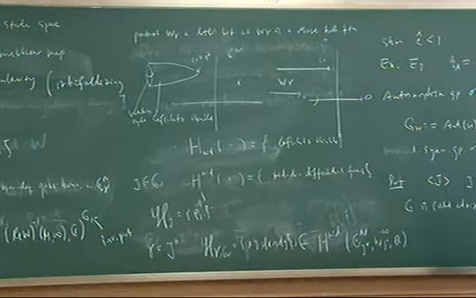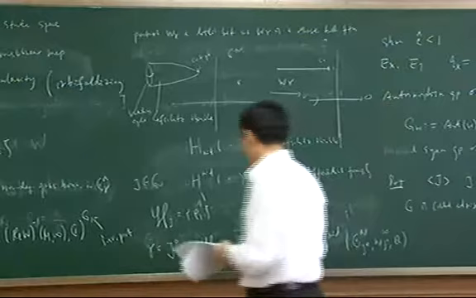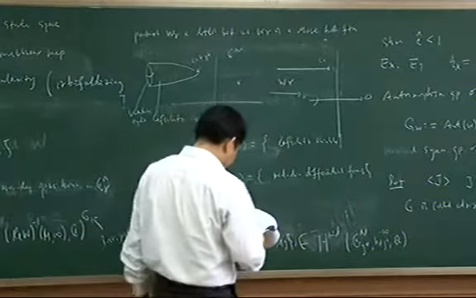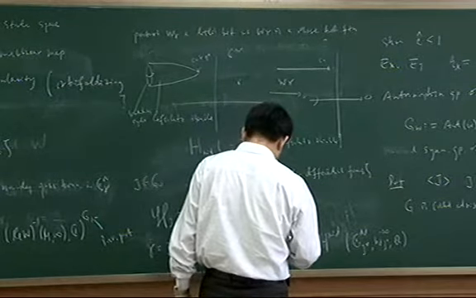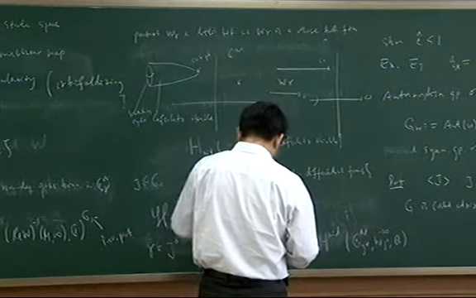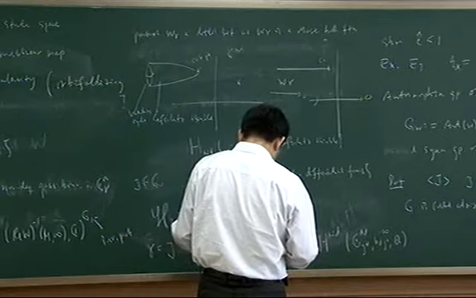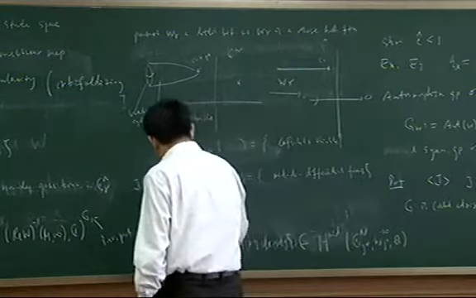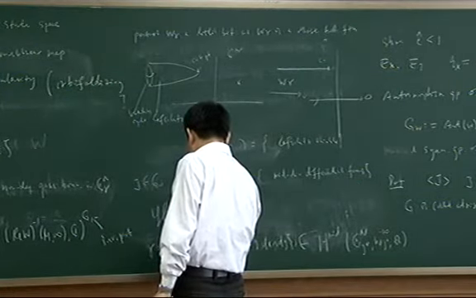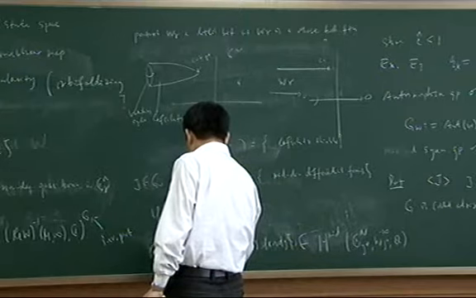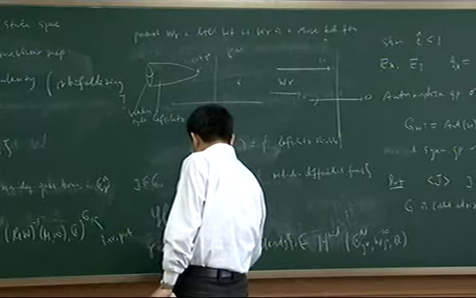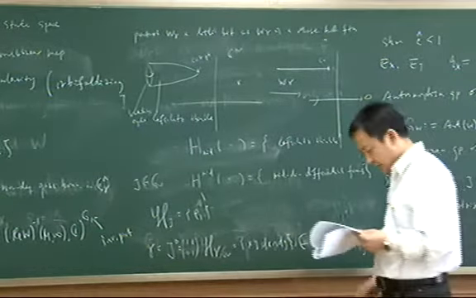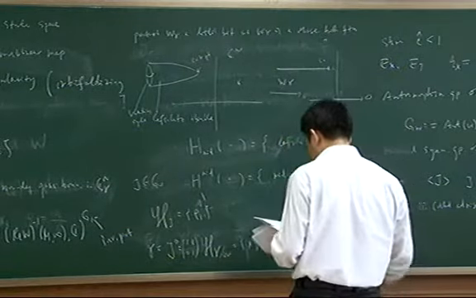So what is J0? J0 is just the unit element, the identity.